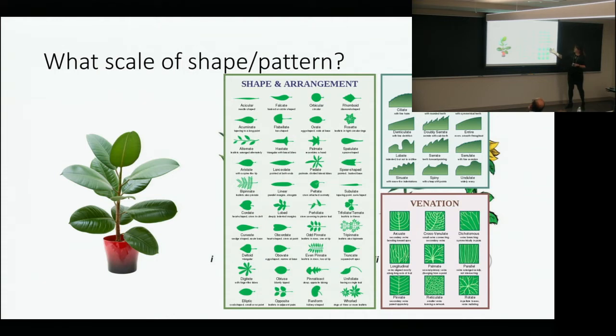There are also patterns of where the veins go in the leaf, and that is patterned as well. So there are all of these levels of shapes and patterns that you could choose to describe, and you could ask questions about how they might be linked to each other. I'll explain why we think they might be physically linked.